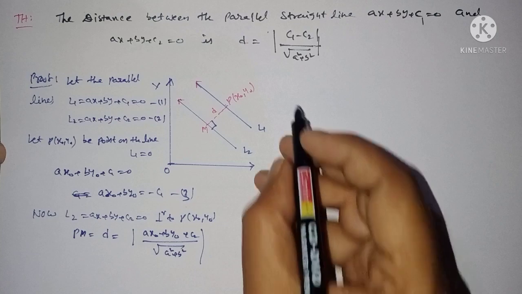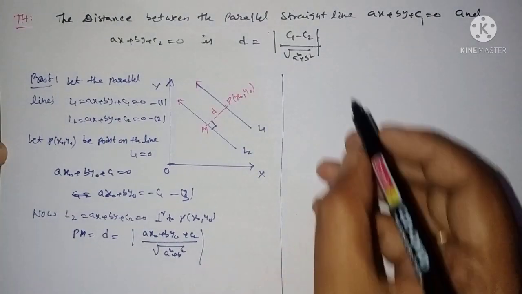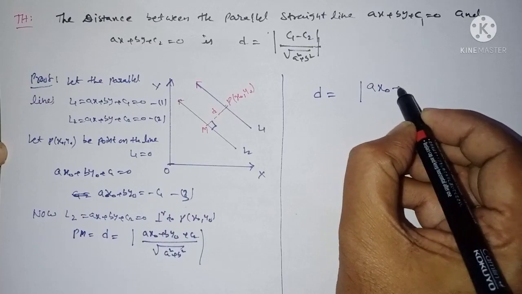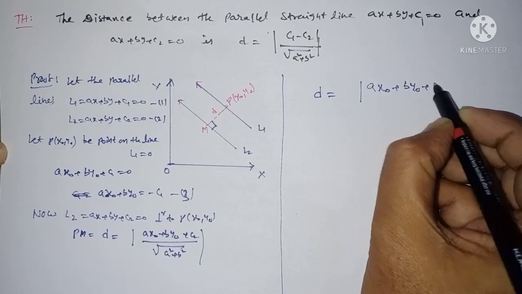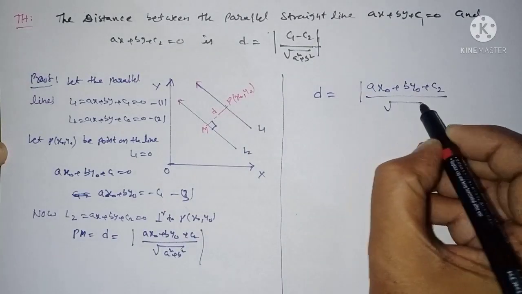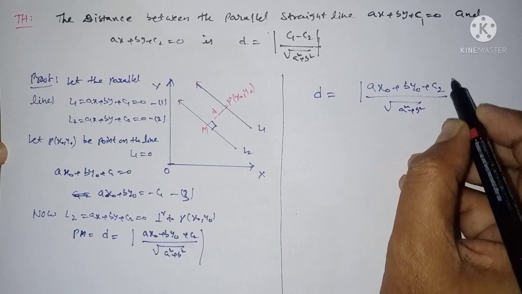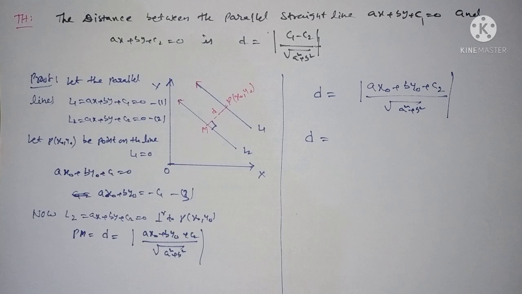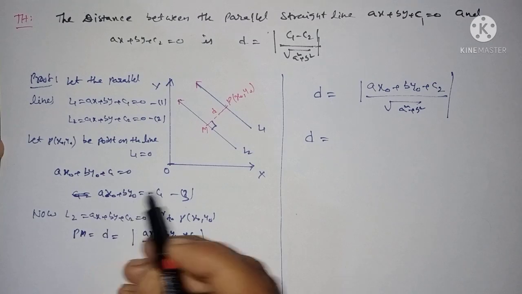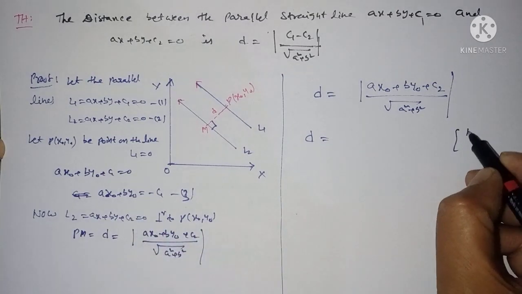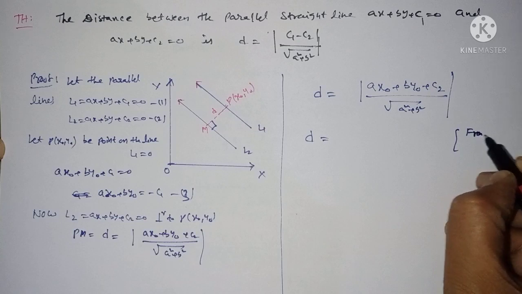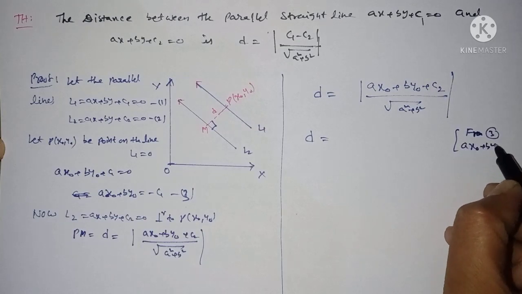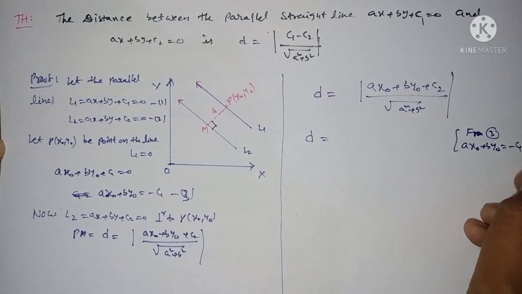Previously this was done. Therefore, D is equal to the mod of ax0 plus by0 plus c2 by the square root of a square plus b square. This is the distance. But what is ax0 plus by0? From 3, we have ax0 plus by0 is equal to minus c1.